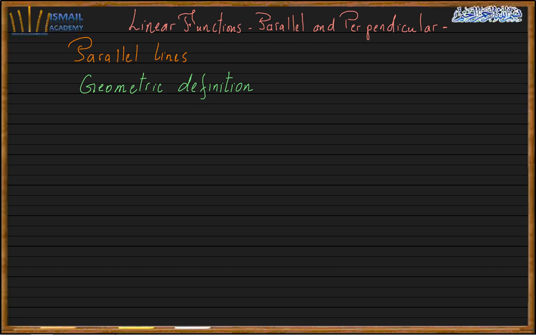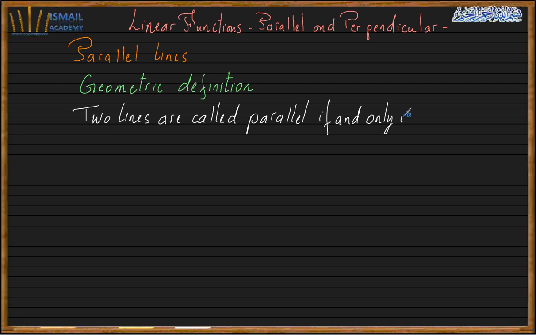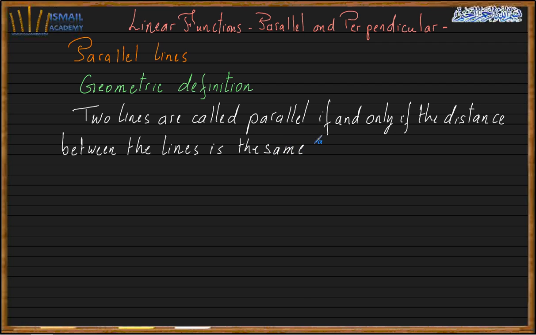Two lines are called parallel if and only if the distance between the lines is the same along the line.